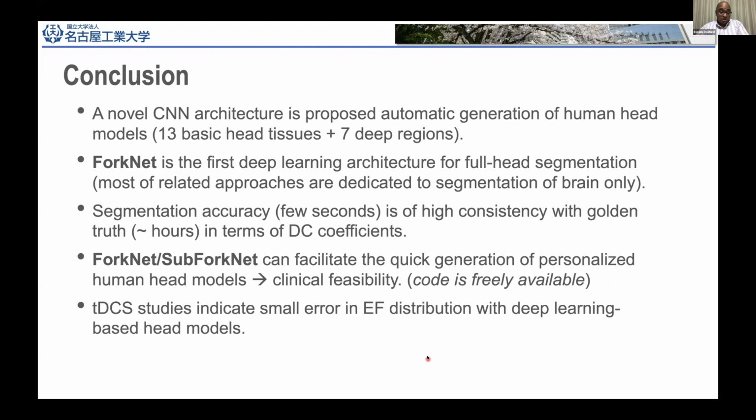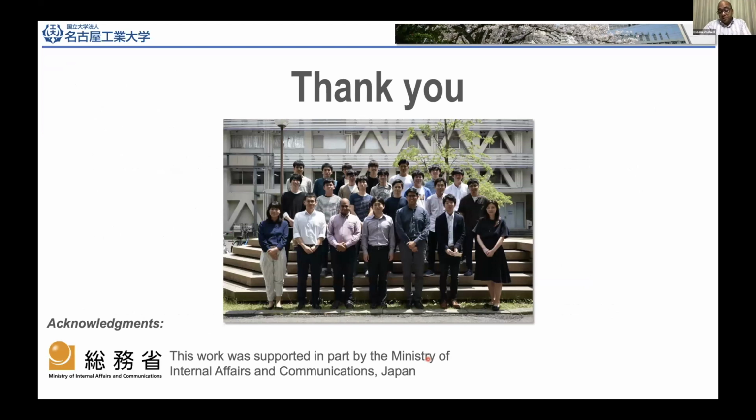The tDCS studies we have conducted show that the electric field distribution is of high consistency. Finally, I would like to acknowledge the grant from MIC, and I would like to thank my group, led by Professor Akimasa Hirata at the Nagoya Institute of Technology. Thank you very much.